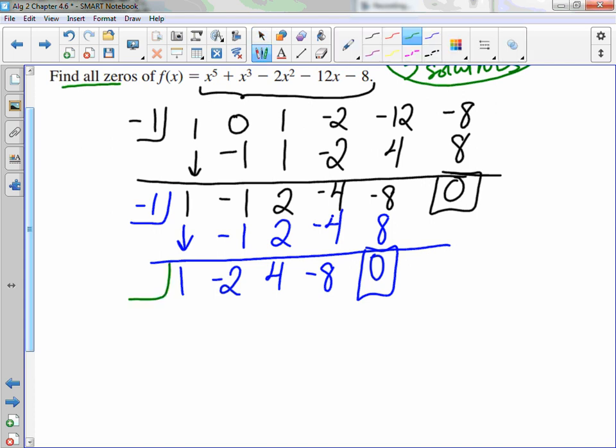But the other spot we had was 2, wasn't it? So let's try 2. Because at this point, after I do it this time with 2, after we do this third synthetic division, what will the degree of this polynomial be? Because it started out at 5, yes? And each time we do this, it's decreasing the degree by what? 1.